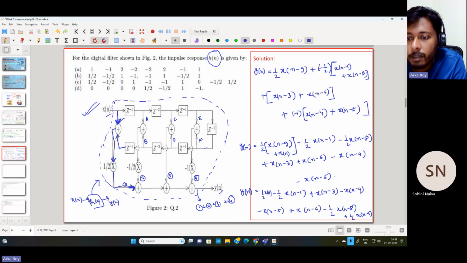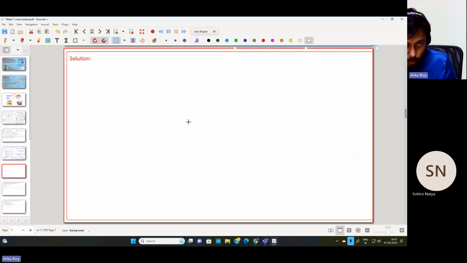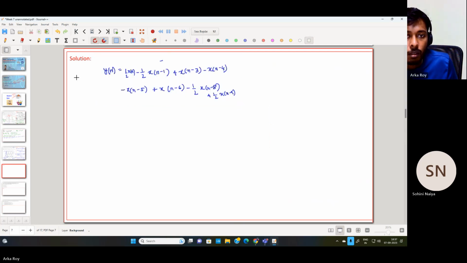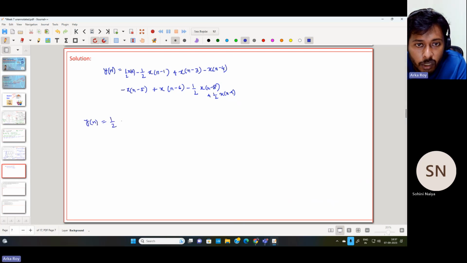This is what the final relation looks like. Let me just copy this relation, and then we are good to go with finding the final coefficients. So the system looks like this. Now we need to find the coefficients of that particular h of n.